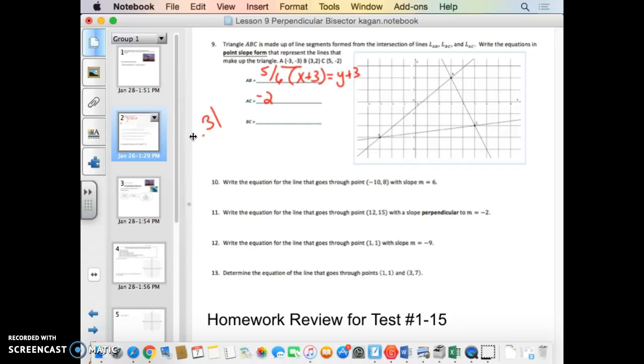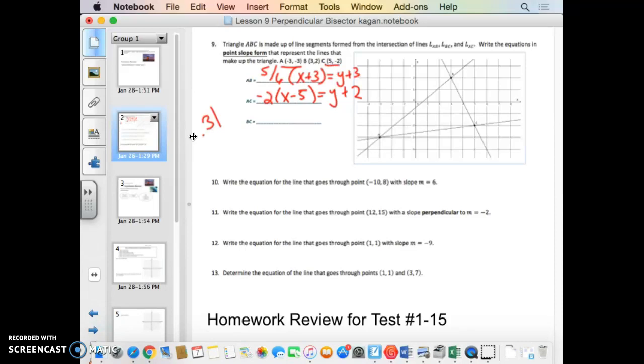And I used point x minus 5 equals y plus 2. I used point C as my x1, y1.